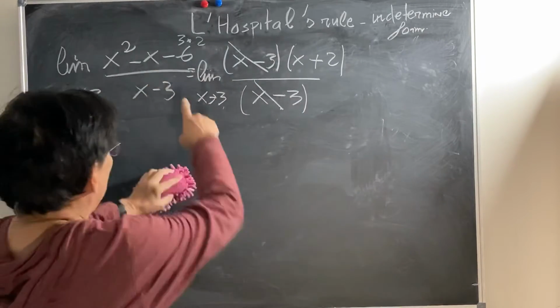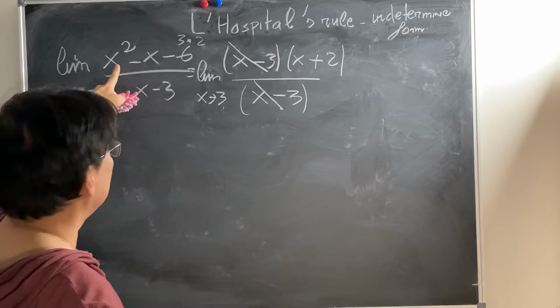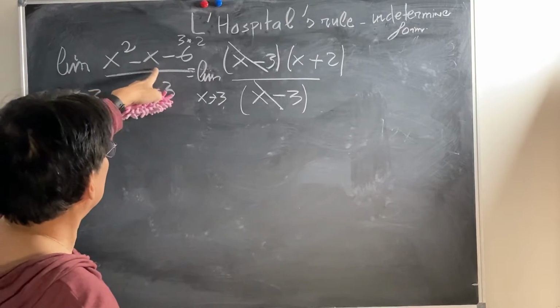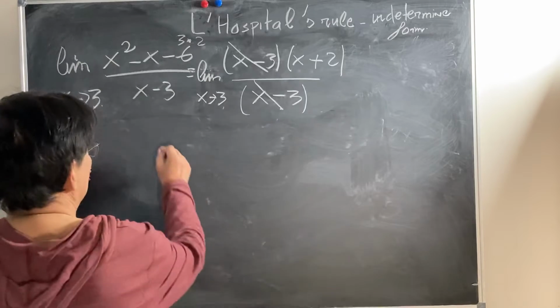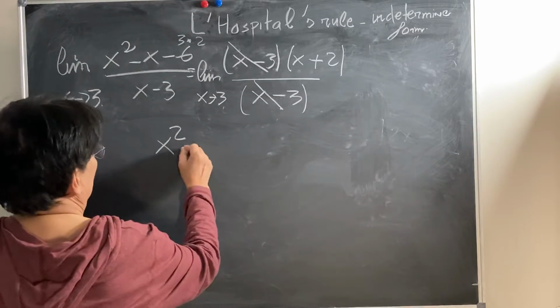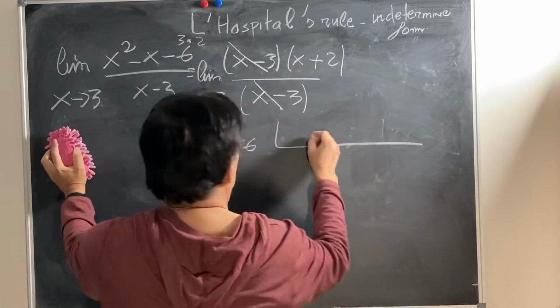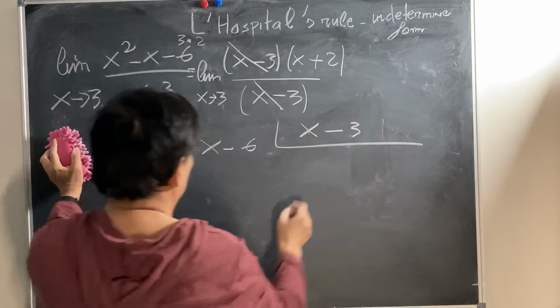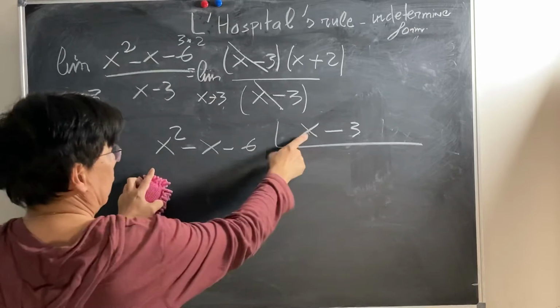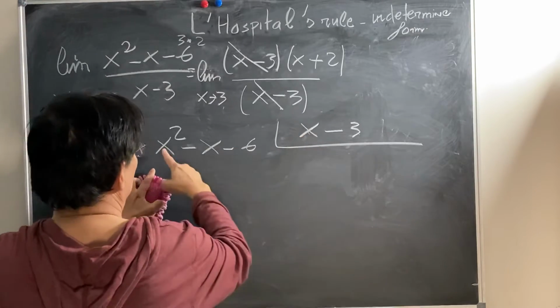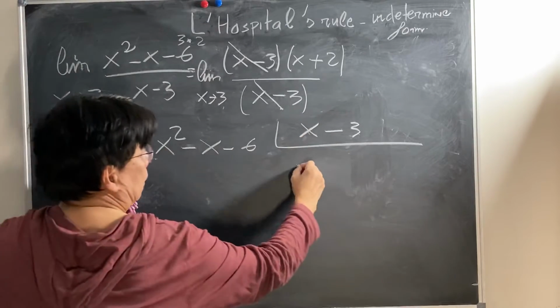Or you can just divide it. I'll show you how to divide x squared minus x minus 6 by x minus 3. Here, to get x squared you multiply by x.